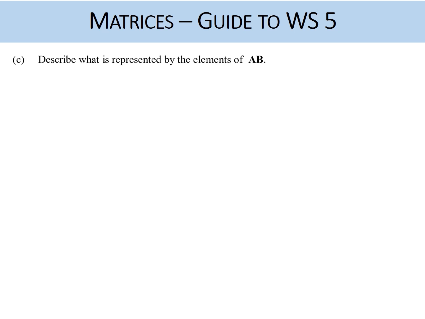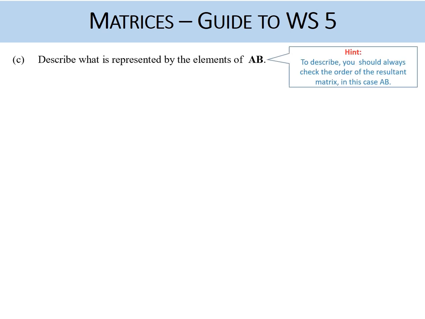Okay, we are at part C. By now, you should be able to find the product. Over here, to describe, remember, we need to check the order of the resultant matrix, in this case AB. You should be able to find AB and notice that AB is a 2 by 1 matrix, with the first row referring to Saturday and the second row referring to the data for Sunday.